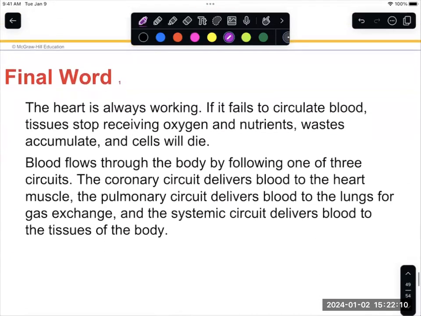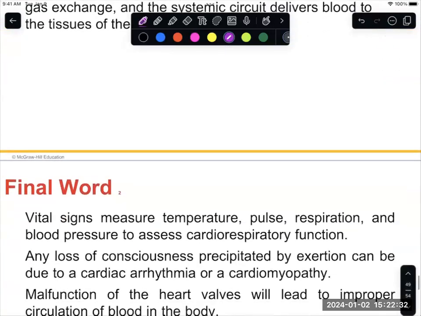So the heart is always working. If it fails to circulate blood, tissues stop receiving oxygen and nutrients. Wastes start to accumulate and cells will start to die. Blood flow through the body by following one of the three circuits allows the body to deliver blood everywhere in the system.